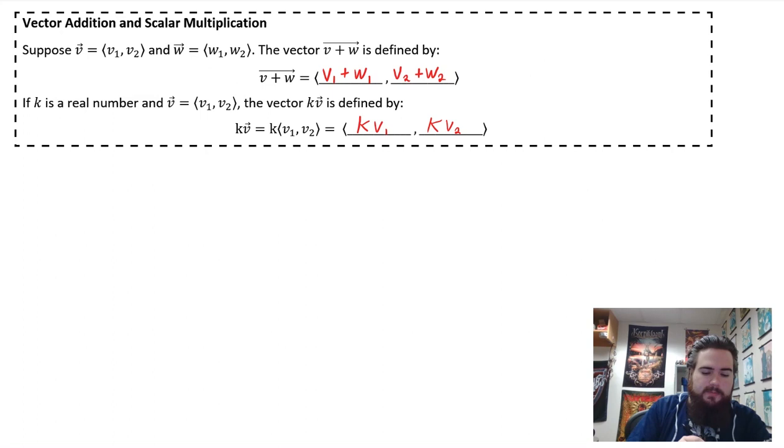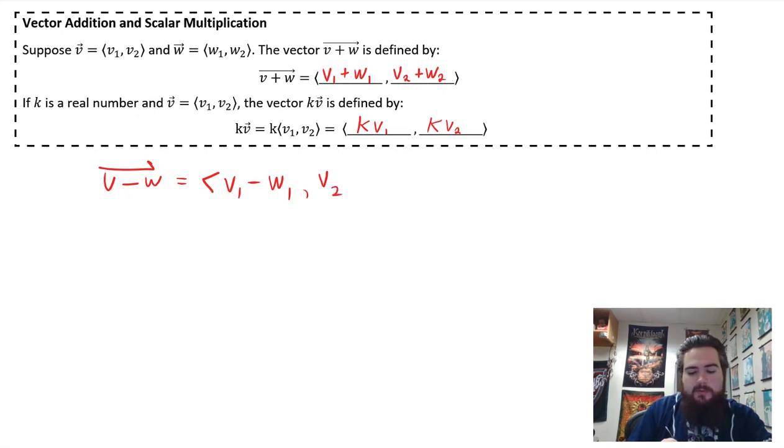So, for example, if I wanted to do v minus w, I would take the first component of v minus the first component of w, and then the second component of v minus the second component of w. But concepts like this are established with a combination of the vector addition and scalar multiplication, where you consider -1 as a scalar on the vector w.